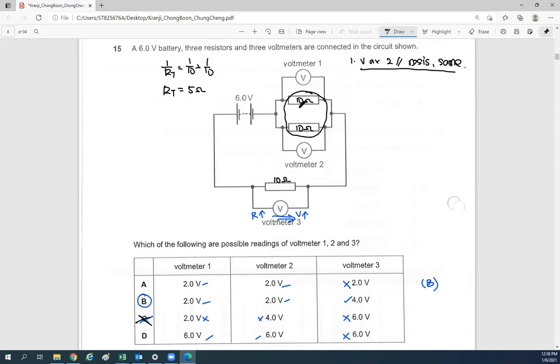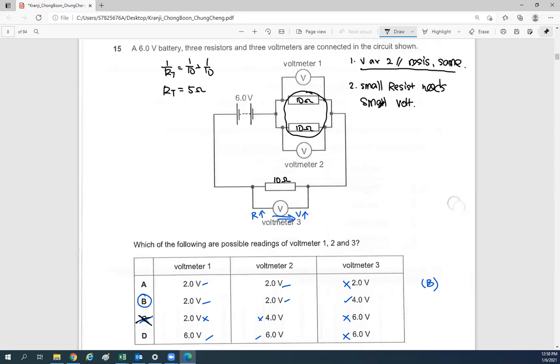So the total resistance here is 5. It means that the voltage needed to cross a smaller resistance is smaller. A small resistance needs small voltage. So this is the second concept that I'm using.